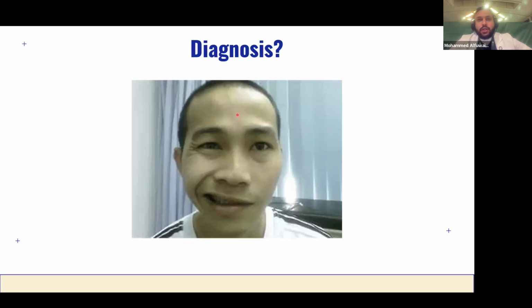Now, Bell's palsy, just a few things for you to remember: usually the case is idiopathic. The phenomenon that we think is facial nerve edema because of viral infections. There's one important viral cause of facial nerve palsy.